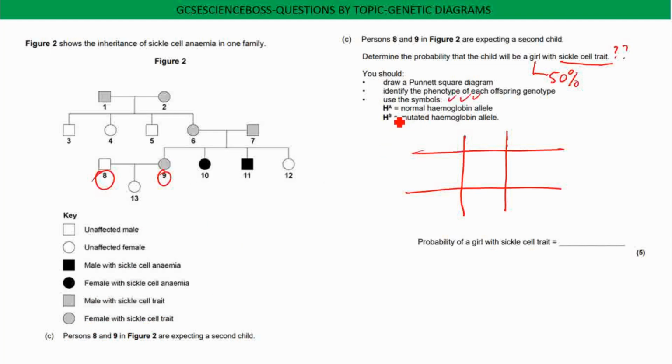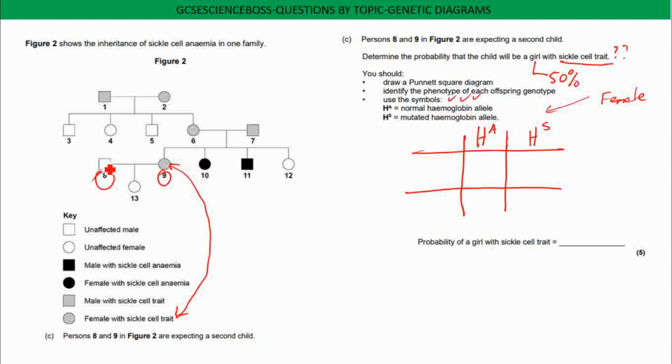A trait means that that person has both the normal and the mutated form of the allele. So those alleles there are dealing with the female. How do I know the female has a trait? It's in the key.